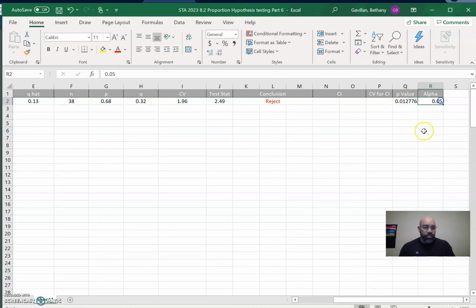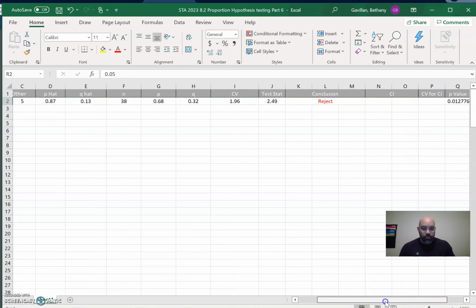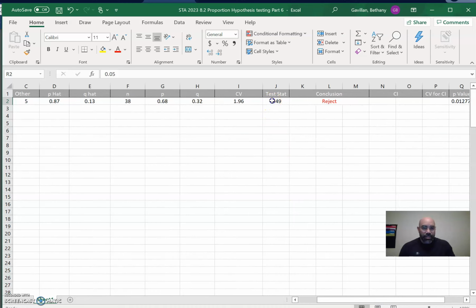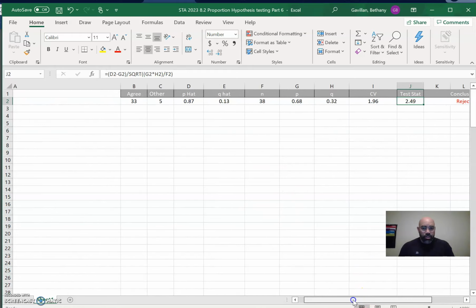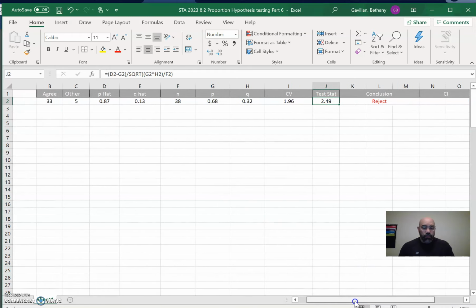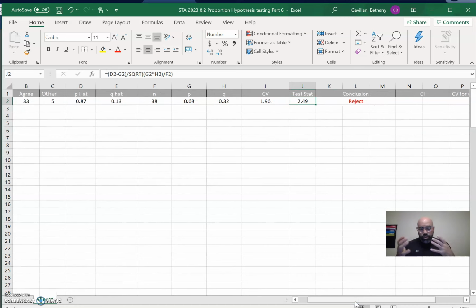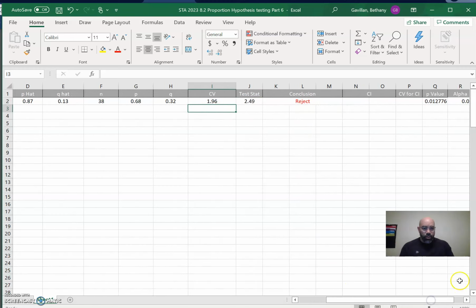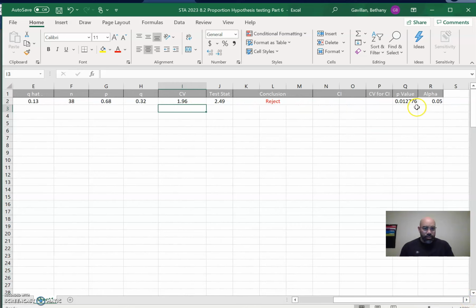Now the p-value is smaller than my alpha of 5%. There's about a 1% p-value. My test statistic is 2.49, which means it's greater than 1.96. And so you can see that there are different factors, but basically what you're comparing is your test statistic to your critical value, if you were doing this by hand, or without technology, sorry, or the p-value to the alpha.